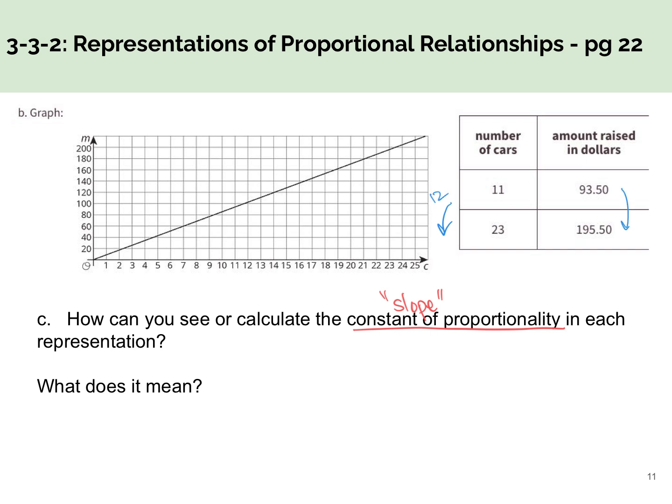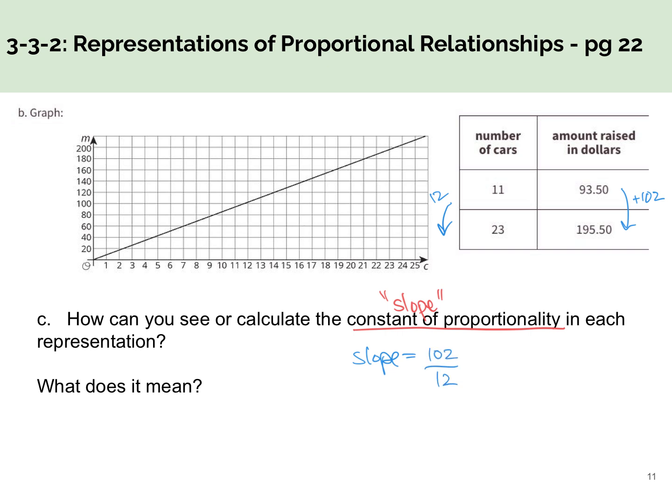How do the y's change? We can do 195.50 minus 93.50, which is a change of 102. And then our slope is the vertical change over the horizontal change, which is 102 over 12.